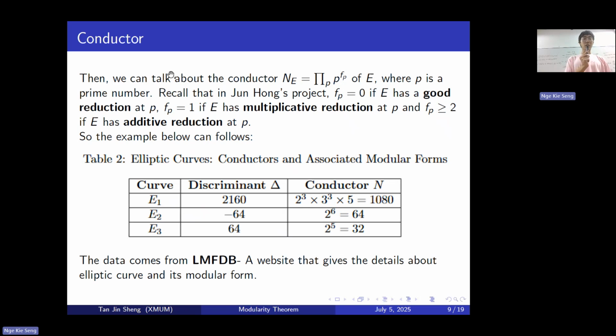Okay. Then we can see the conductor. Then the conductor can be shown here.